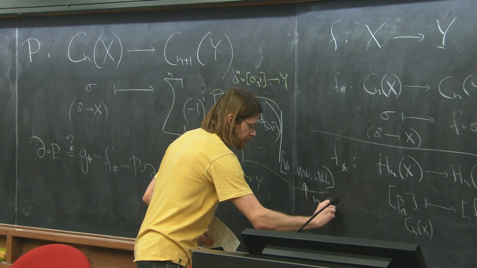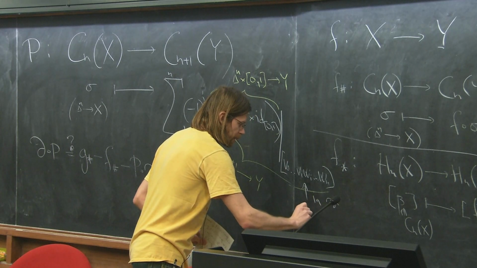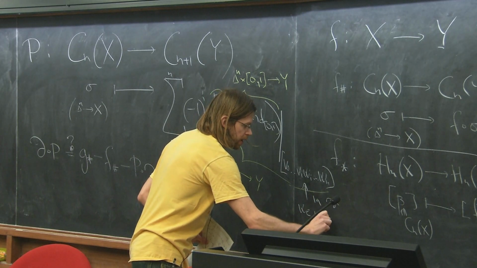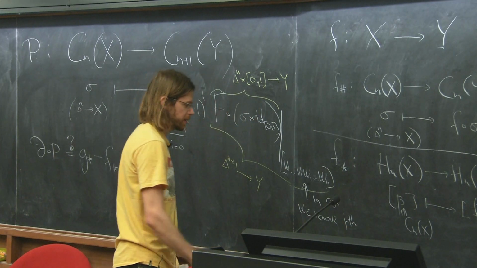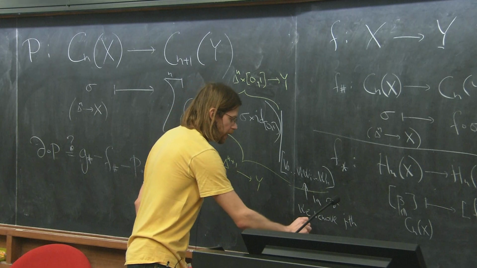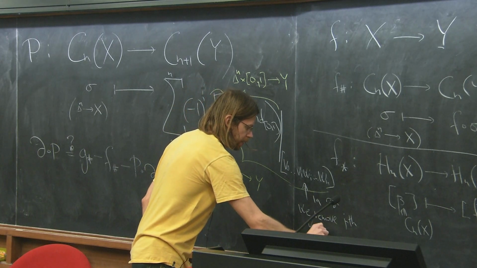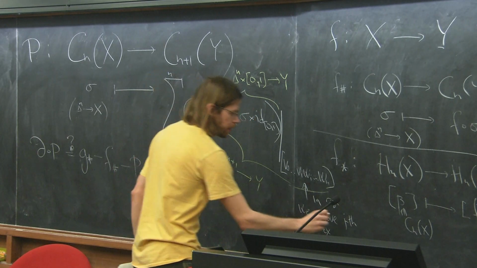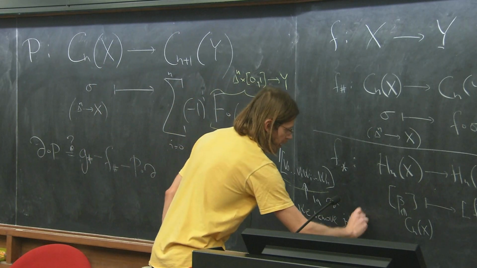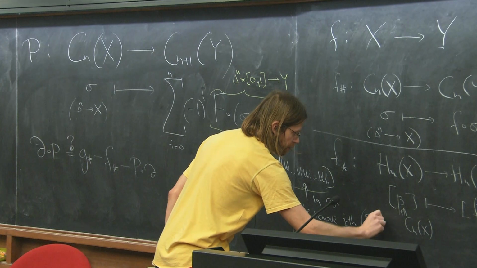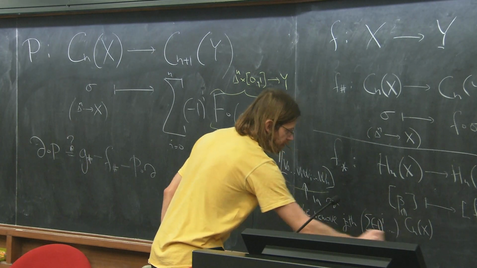In this boundary, we remove the j-th vertex, and there will be a sum with weight minus 1 to the j for this removal.